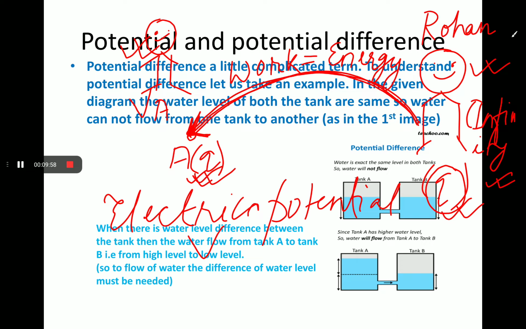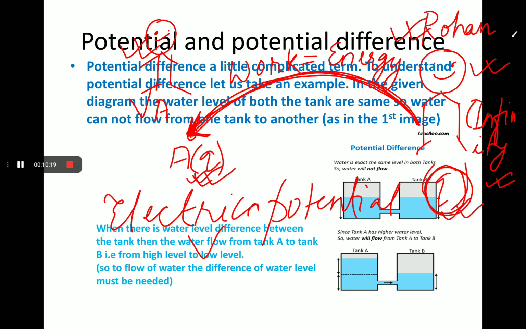Then again Rohan has to go from point A to infinity, and again he has to bring this charge Q from infinity, and he tries to reach point A. Now, in all this journey, Rohan is very tired because he already spent a lot of energy.